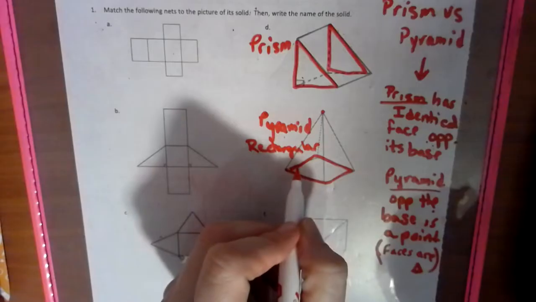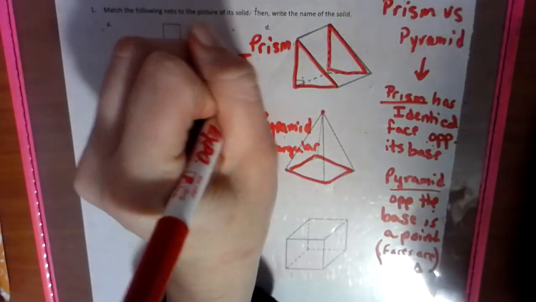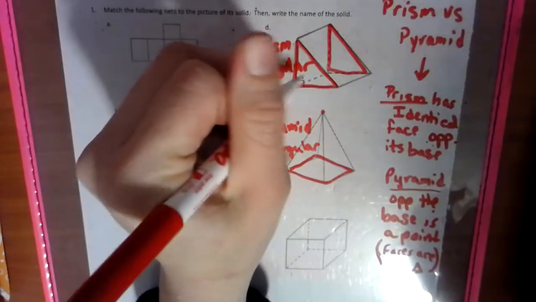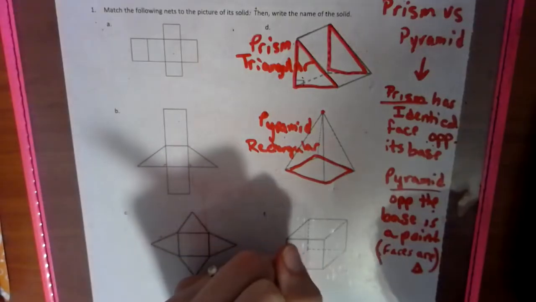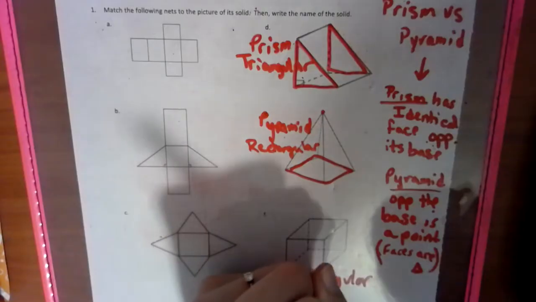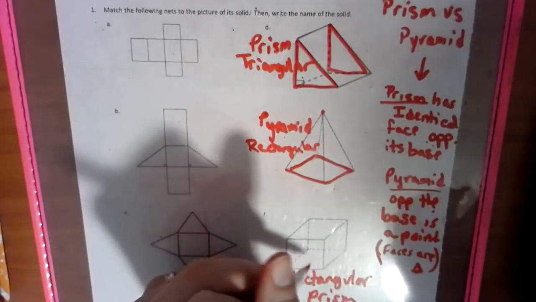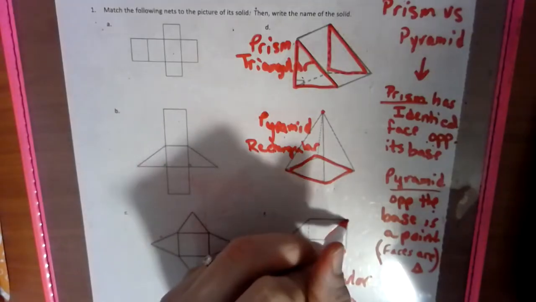It's got a rectangular base, goes to the pyramid, where this is a prism, but it's a triangular prism because its bases are triangles, where this is just a rectangular prism. And if you notice, it has identical faces opposite the bases.